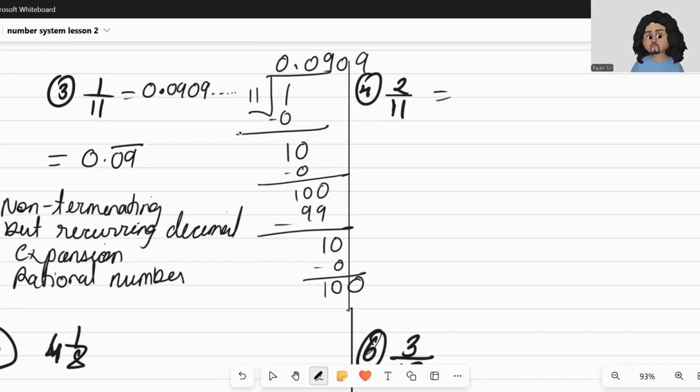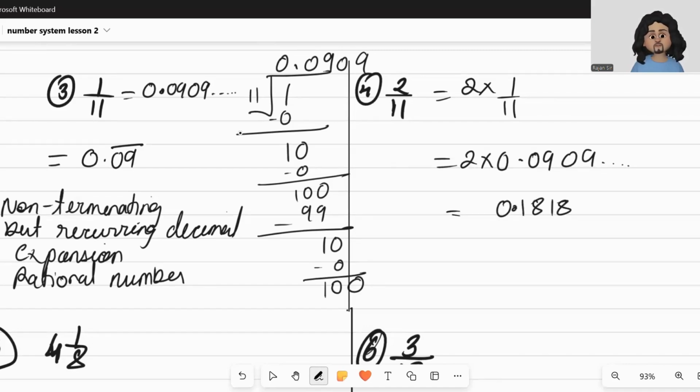Now we understand using the same idea. We can do this one also, or you can just simply multiply 2 into 1 upon 11. We already know it is 0.0909. So we have 2 into 0.0909 and so on. So we can say this is 0.1818 and so on, so this can be 0.18 bar.